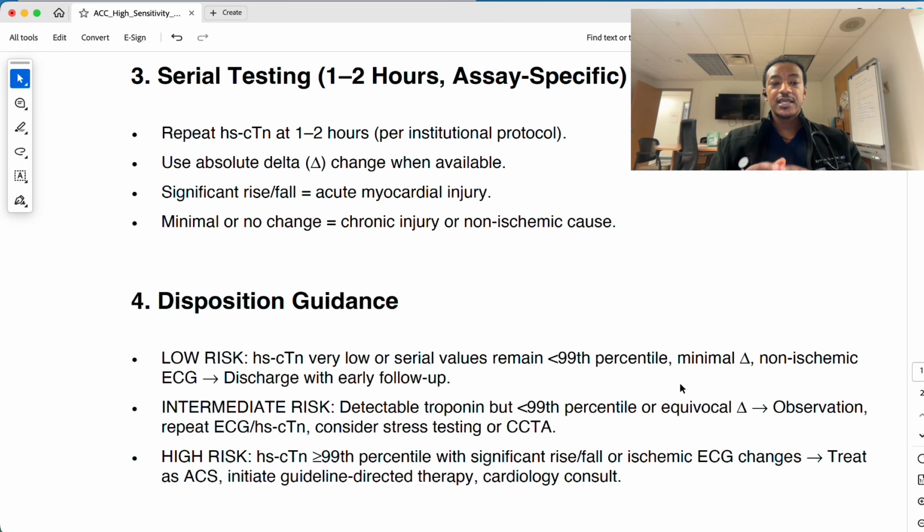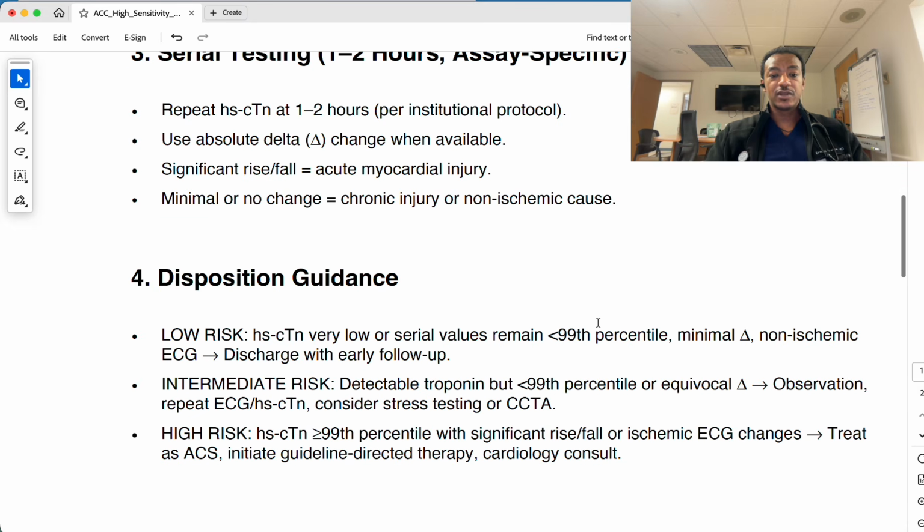And each assay has different levels for the 1 hour or 2 hour delta to be considered significant. So we don't have a specific number. Some use an absolute change of less than 3 as non-significant, 3 to 5 as intermediate, and above 5 as significant. Now, we're talking about nanograms per liter here, but you have to check with your own assay. So a significant rise and fall will suggest acute myocardial infarction.